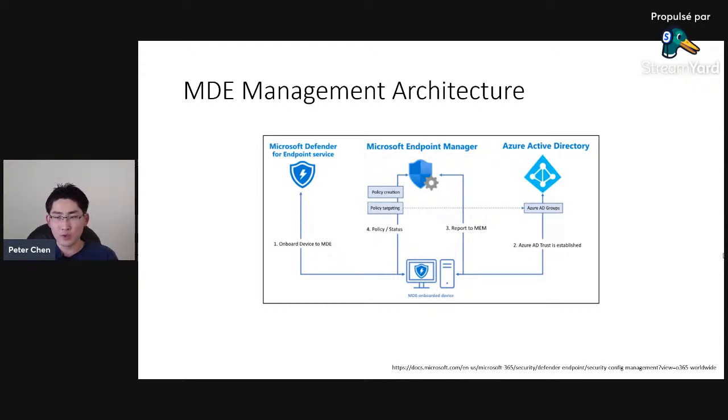And once that object is trusted and in Azure AD, you're able to create groups and create policy within Microsoft Endpoint Manager and push that policy to an endpoint, even though that endpoint is not actually physically managed by Microsoft Endpoint Manager. So it kind of helps bridge that gap of having that device not being physically managed by Endpoint Manager, but still getting policies from Endpoint Manager.